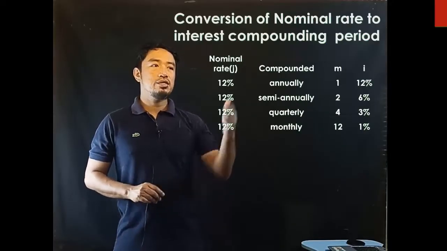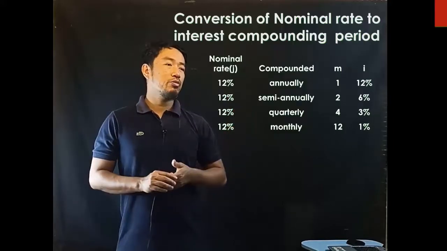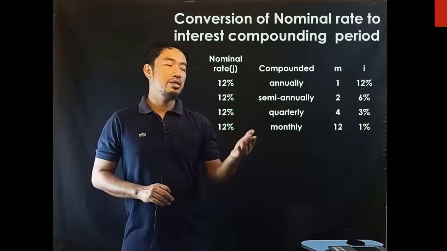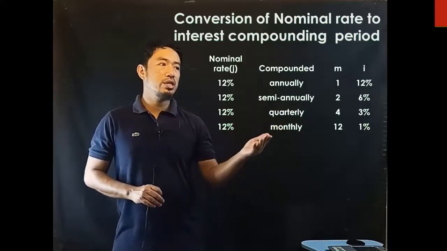Before we can compute the compound amount or compound interest, first we need to convert the nominal rate to its equivalent interest rate per compounding period, as seen in this table. So for instance, a nominal rate of 12% compounded annually. So therefore, the number of compounding periods is 1.